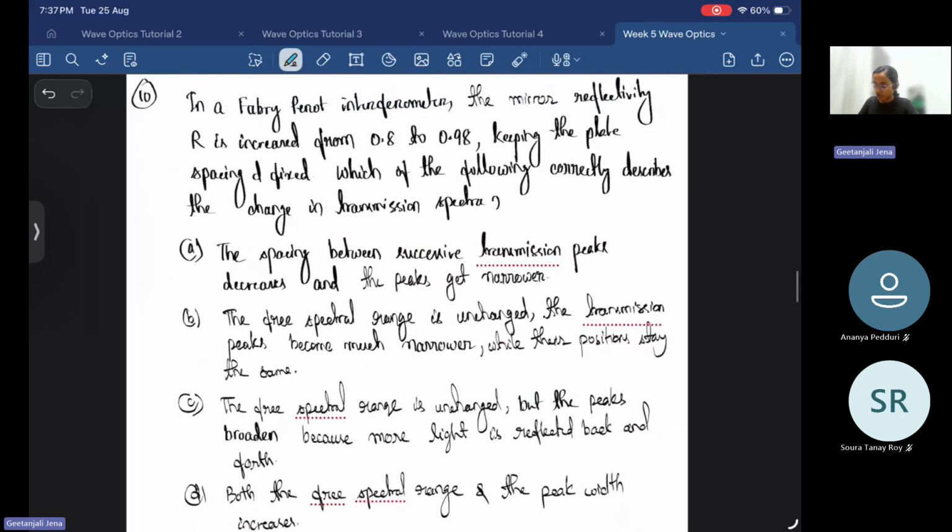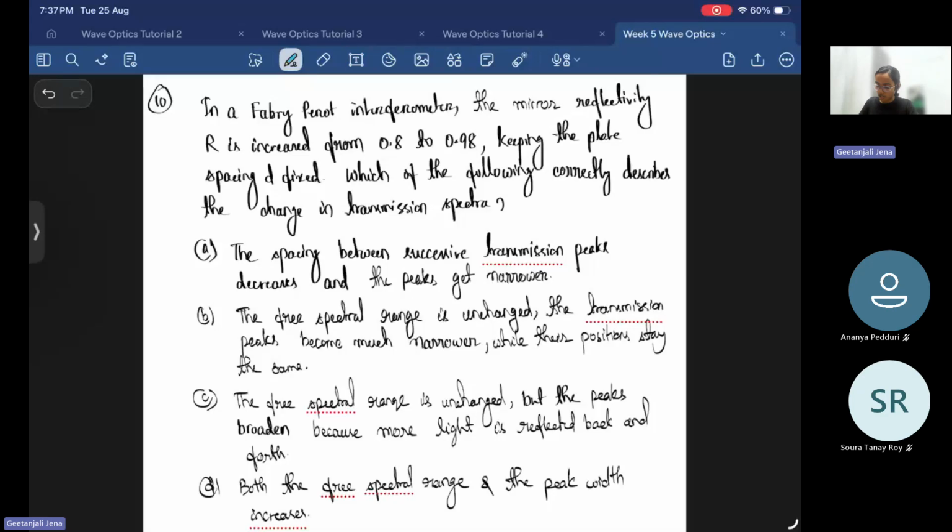Okay, so let us move to our next question. It's a conceptual one. It's given in a Fabry-Perot interferometer. The mirror reflectivity R is increased from 0.8 to 0.98, keeping the plate separation D fixed. Which of the following correctly describes the change in transmission spectrum? Option A, the spacing between successive transmission peaks decreases and the peaks get narrower.